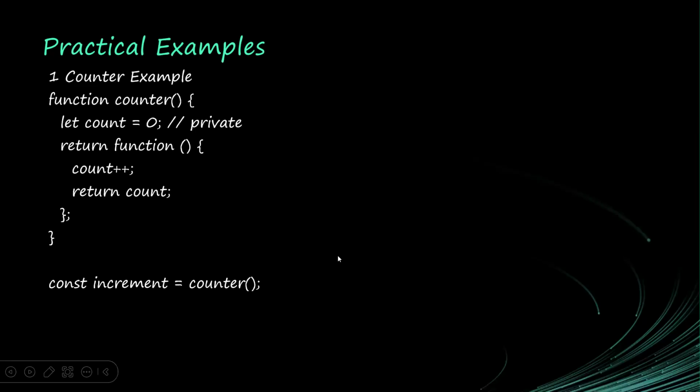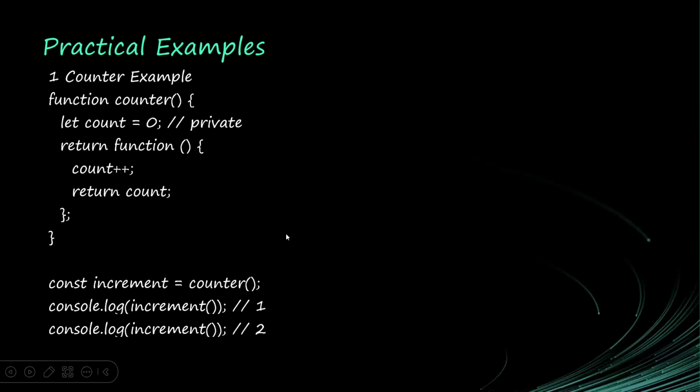All right. So now if you go on and call the outer function, the counter function, remember it's returning a function, which we are storing here in this increment variable. So when we now call the increment variable, it is going to return the count, which in this case has been incremented by 1.